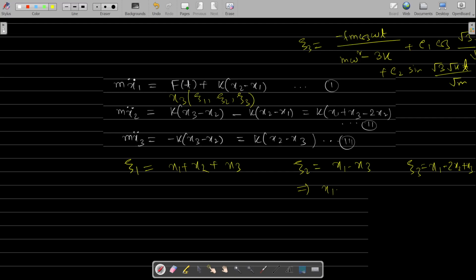We have x1 to be x3 plus psi2, so this thing comes out to be psi2 plus 2x3 plus x2, and this thing comes out to be psi2 plus 2x3 minus 2x2.